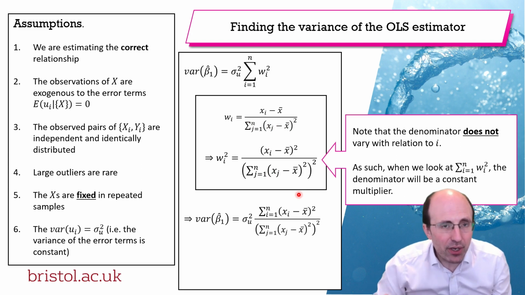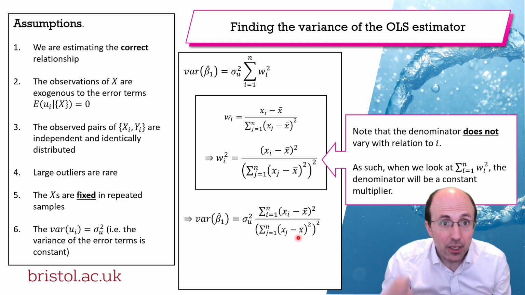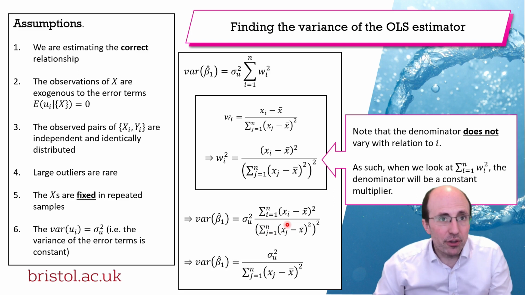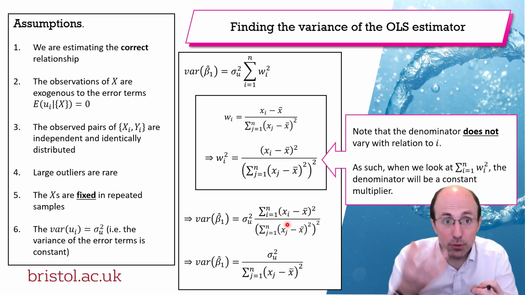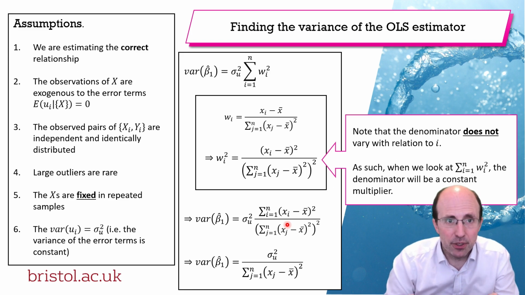So we can rewrite the variance of the beta 1 hat as being equal to sigma squared u times by the sum of the x minus x bar squareds divided by the square of the sum of the x minus x bar squareds. So one of those can cancel, leaving us with the variance of beta 1 hat being just equal to the variance of u divided by the sum of the x minus x bar squareds.